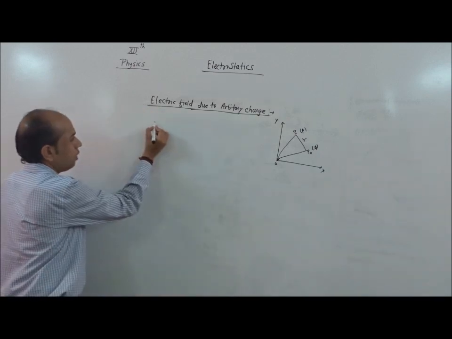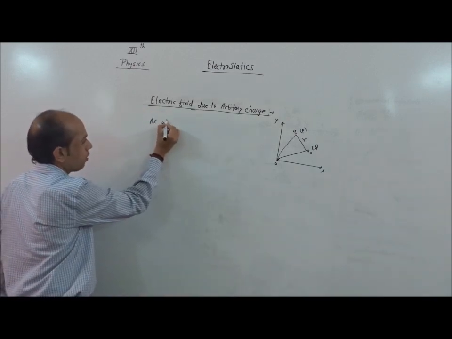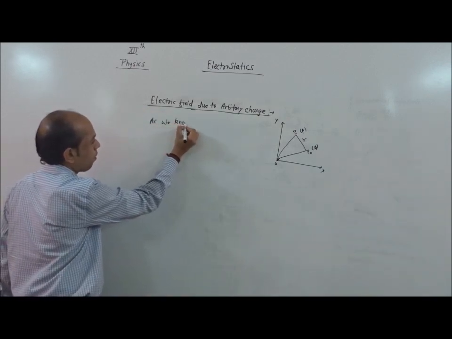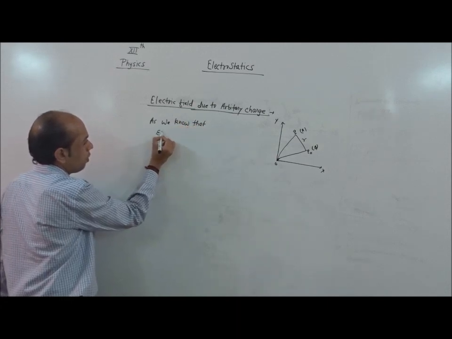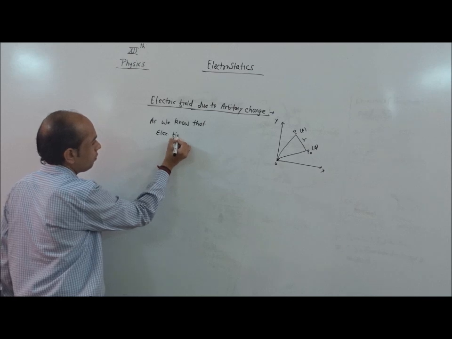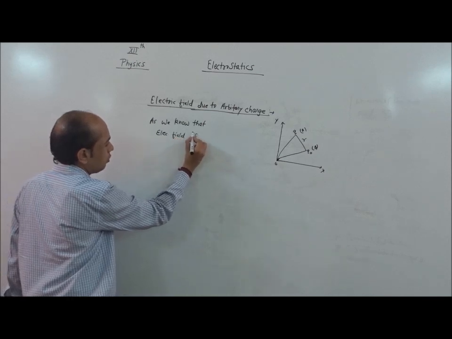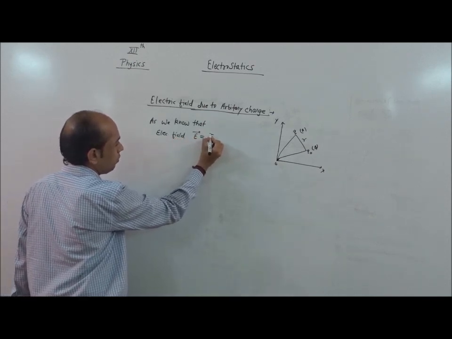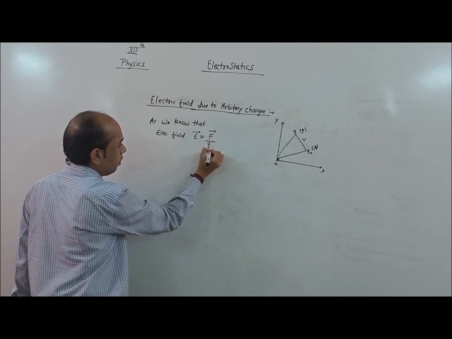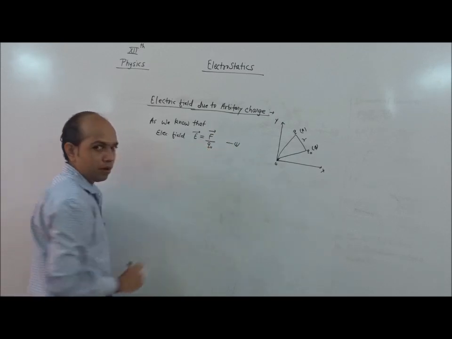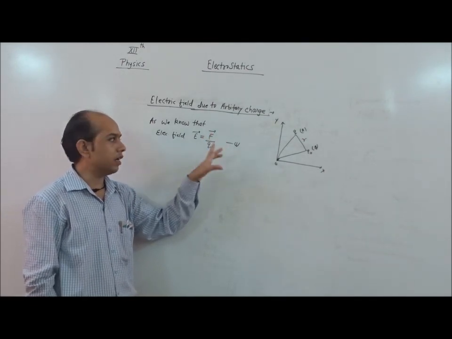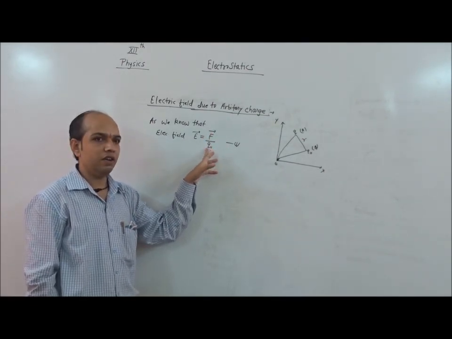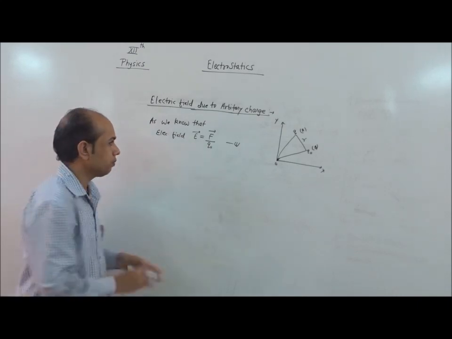As we know, the electric field E is equal to force upon test charge. This is equation number one. That means first we have to calculate the force, and in the second step we have to divide it by Q naught.